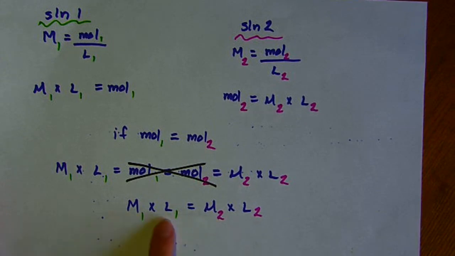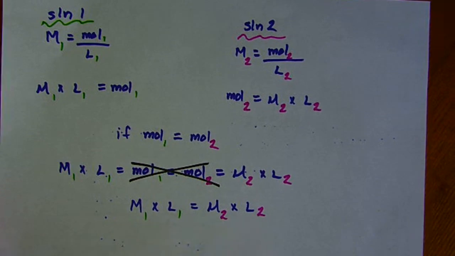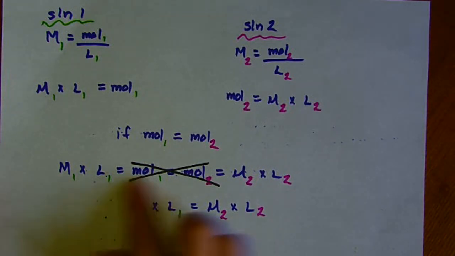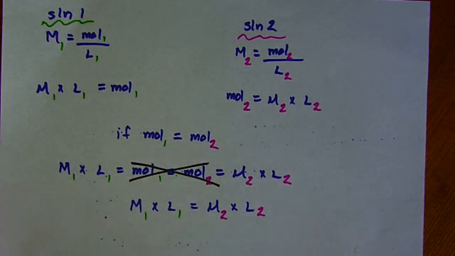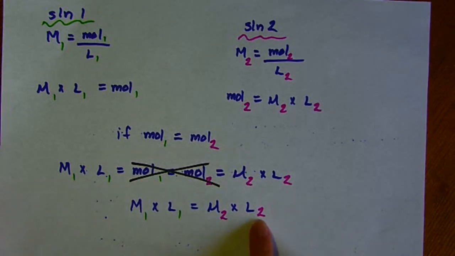It doesn't matter what units your volume is in, as long as they match on either side of that equation. Okay. If you're working with volume in milliliters, it's fine. When you use the dilution equation, then this volume unit must also be milliliters in order for things to cancel appropriately.